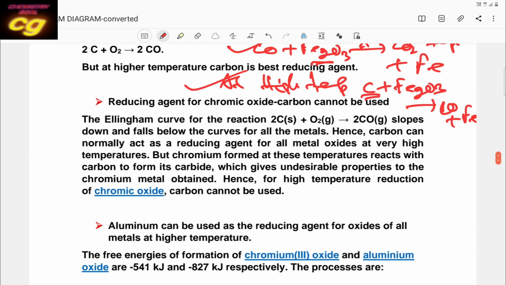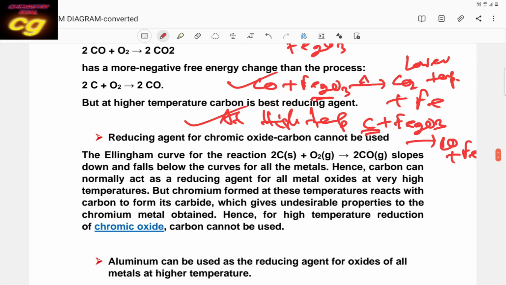Second, very important, is the reduction of chromium oxide. Why can carbon not reduce chromium oxide?